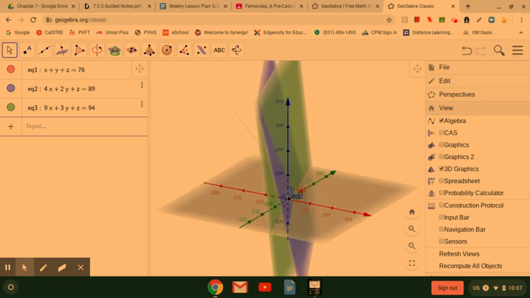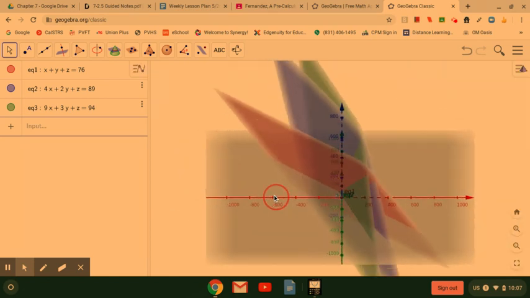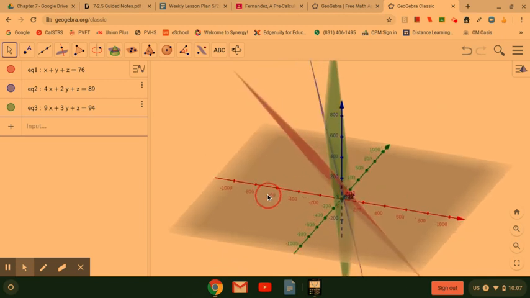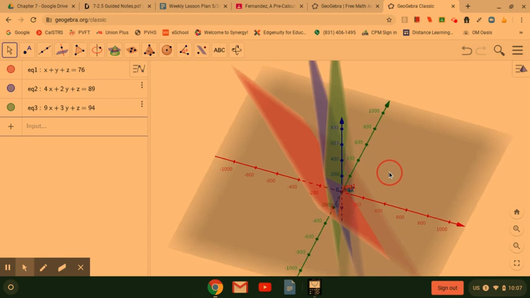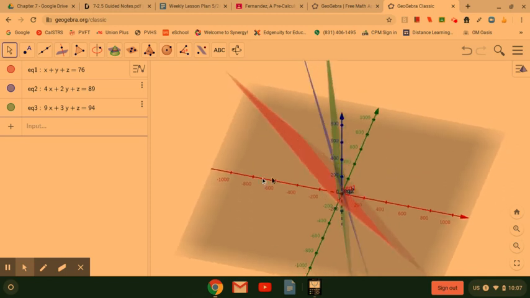Where's the red one? Let's see here. Okay, there's the red one right there. Okay, and I kind of know where they intersect, so I'm gonna manipulate this.